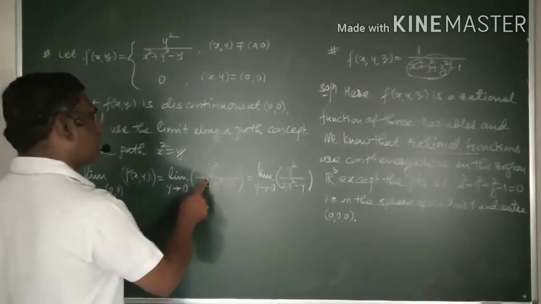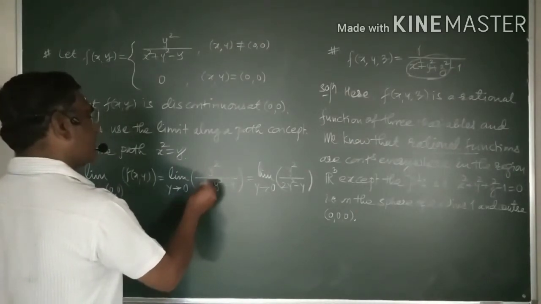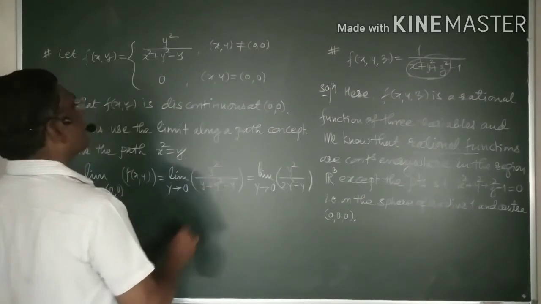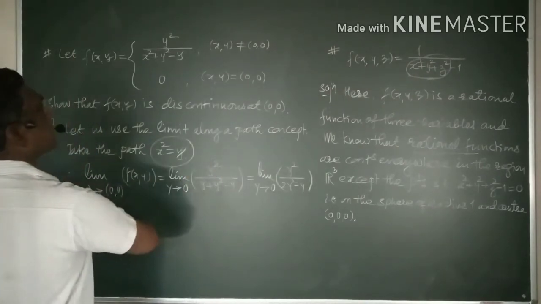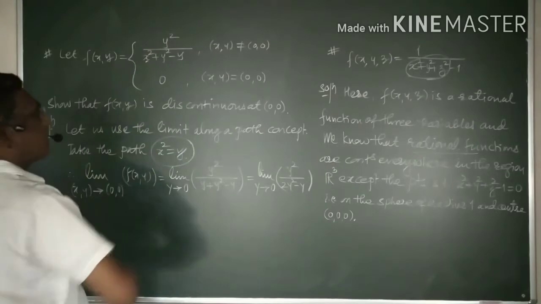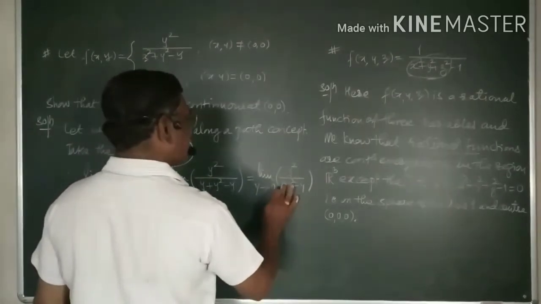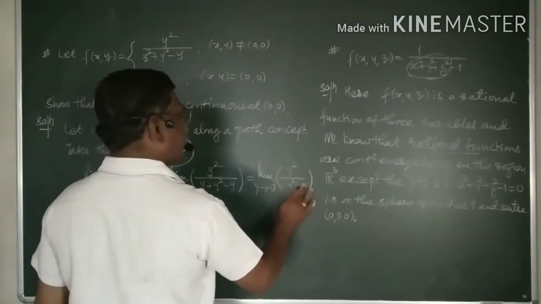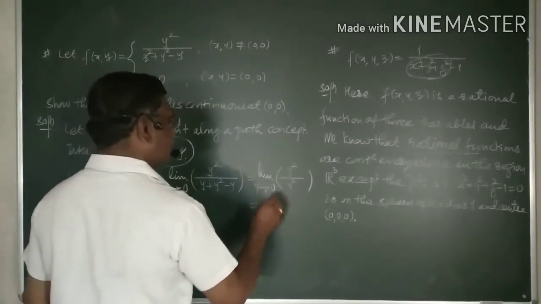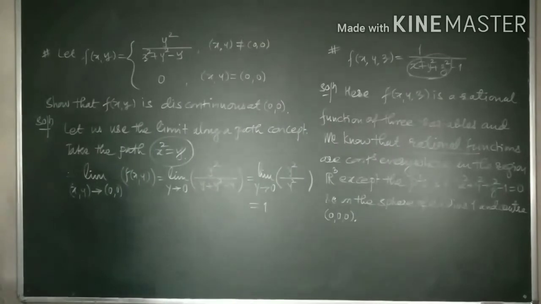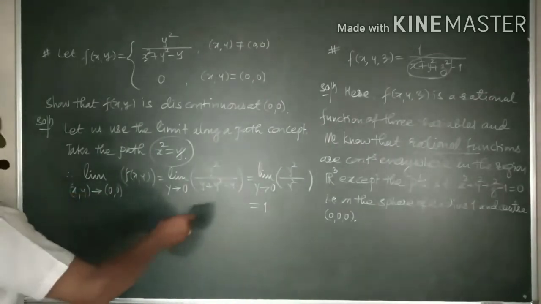Therefore, we need not y square. It is y, because we are considering x square is equal to y. Therefore, this is y square minus y. So that this is y square only, and it is equal to 1. Well, now this is the first one.